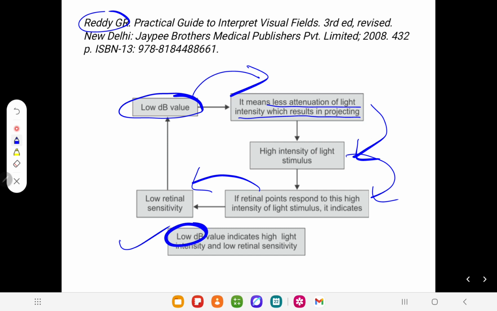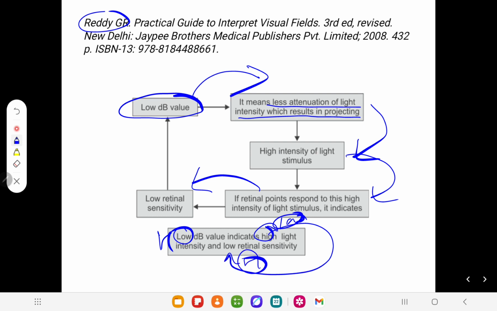Again, a high decibel value indicates low light intensity, which means high retinal sensitivity, isn't it? Exactly opposite. Can't you think like this? If it is low, then it must be high, and if it is high, it must be low, isn't it? Just think about it.